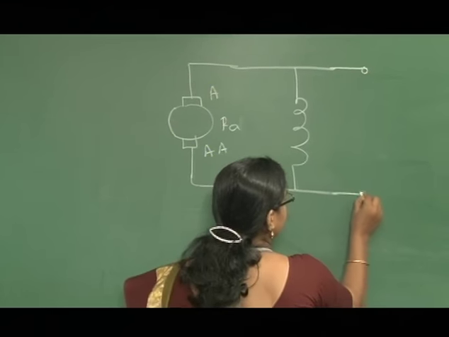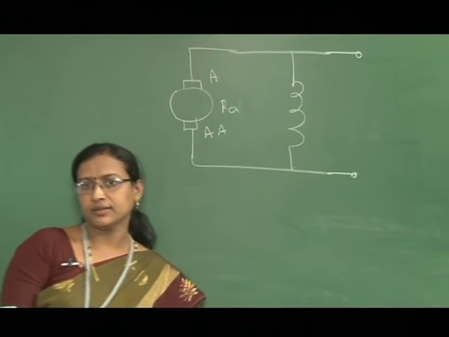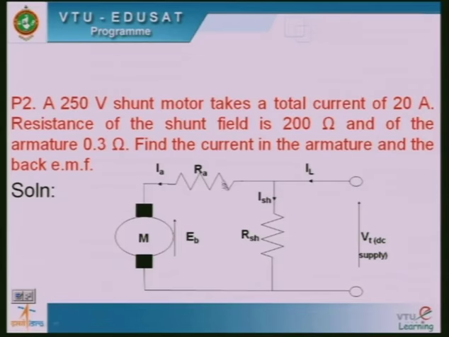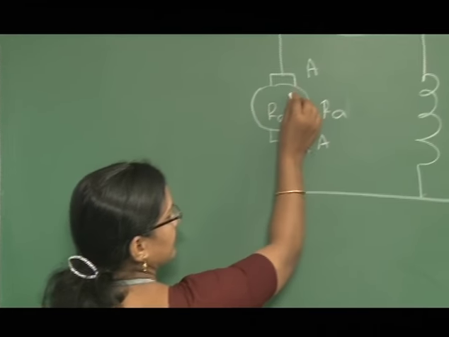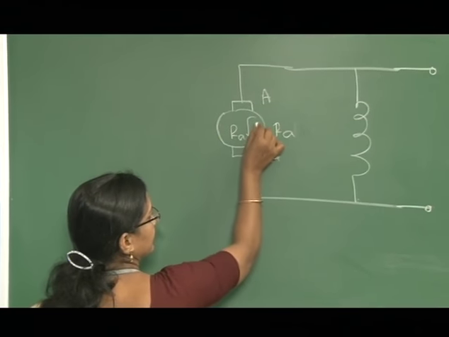Actually, in this slide, I have represented this small value of the resistance, that is the internal resistance of the armature, as Ra, or otherwise within this itself we can represent Ra. So, Ia is flowing in this direction.